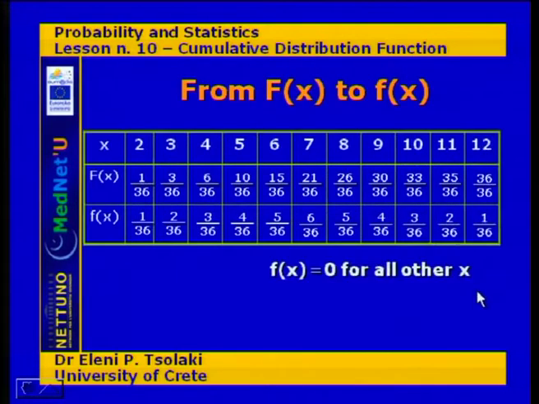Now, we can derive f of x from the cumulative distribution function. We go back to our table. We see here that the cumulative distribution function, as we found before, has these values.